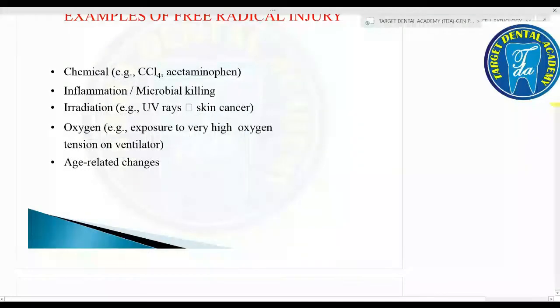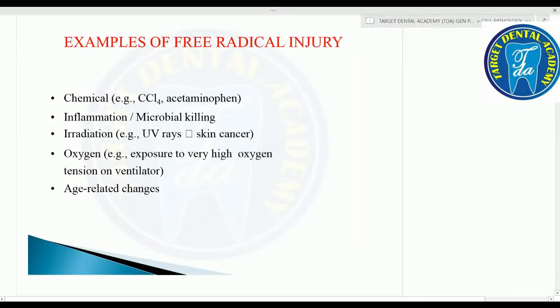Now, what are the examples of free radical injury? Chemical examples: CCl4, acetaminophen, inflammation or microbial killing. Irradiation includes ultraviolet rays on the skin, which leads to skin cancer. Oxygen example: exposure to very high oxygen tension on a ventilator, and age related changes.